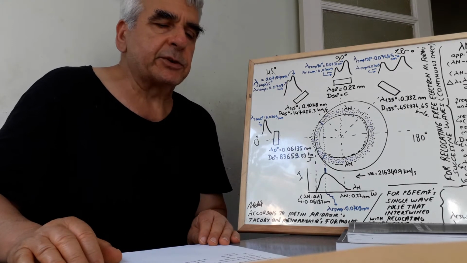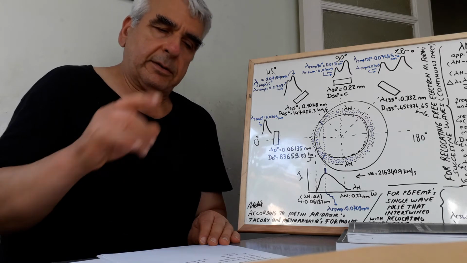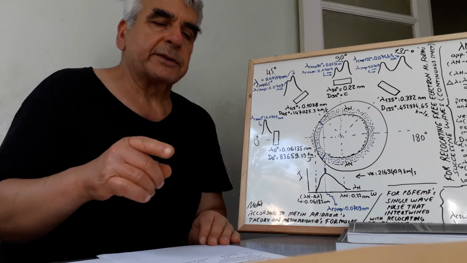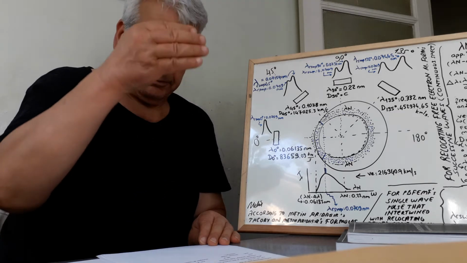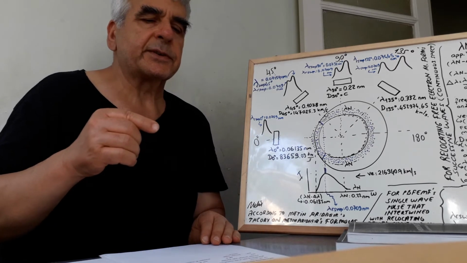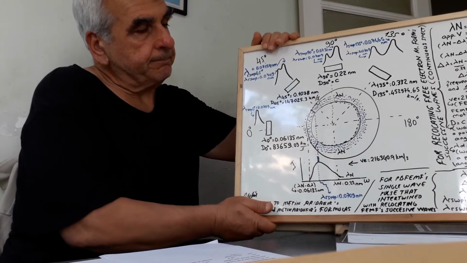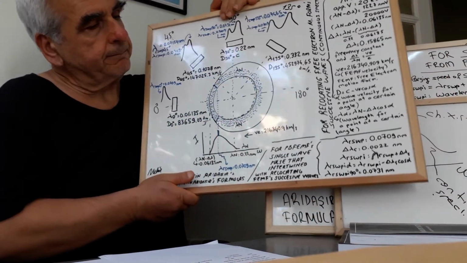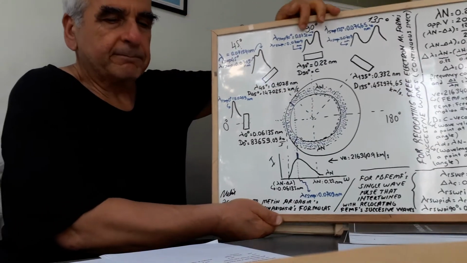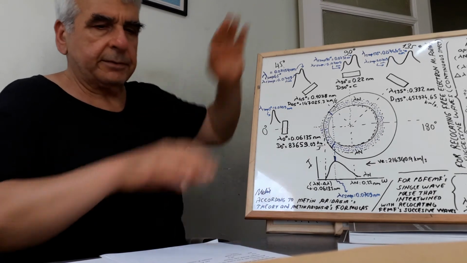And for the second peaks of single wave pulses, the lambda of the representative single wave pulse intertwined, alpha, changes as this formula here. This is the changing formula. Okay.